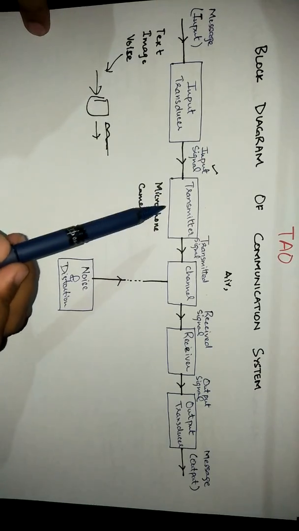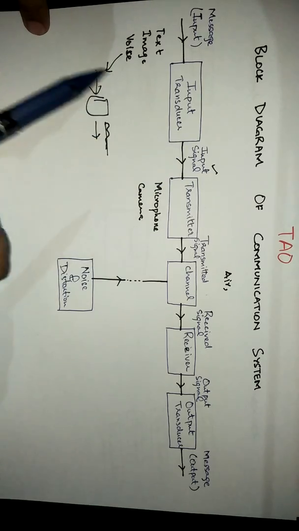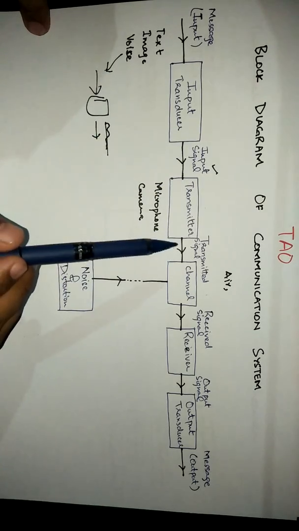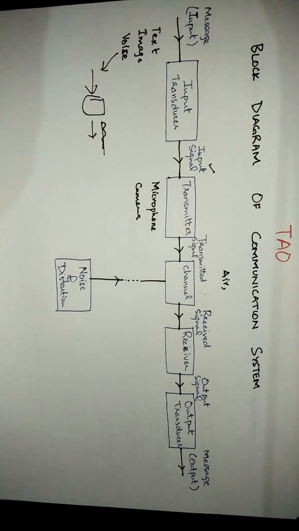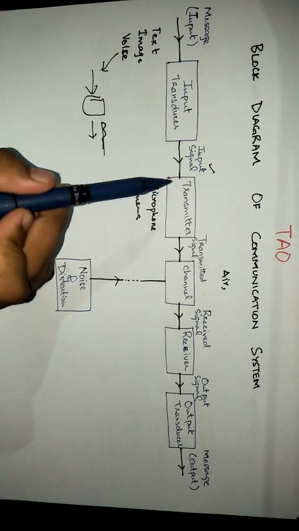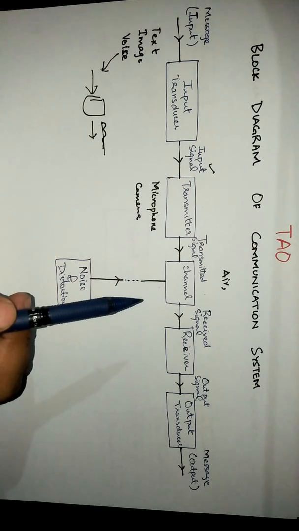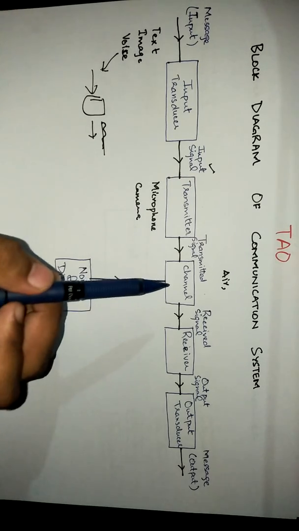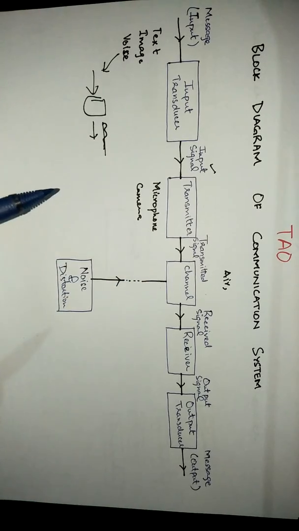Next is the transmitter. The transmitter simply takes the input signal and provides a path to the channel and sends it through the channel to the receiver. So the transmitted signal is the signal that the transmitter sent to the channel. The channel here can be guided or unguided.